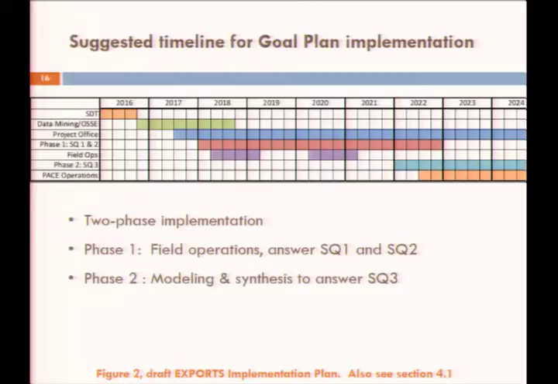We've broken those out into what we're calling phase 1, so work that's required to answer science questions 1 and 2, and then phase 2, the modeling and synthesis work that will answer science question 3. So phase 1 would start notionally in 2018 and go for 5 years, and phase 2 in 2022 and go for 3 years, overlapping with PACE operations. And then we have our 2 cruise years here, 1 in each basin.